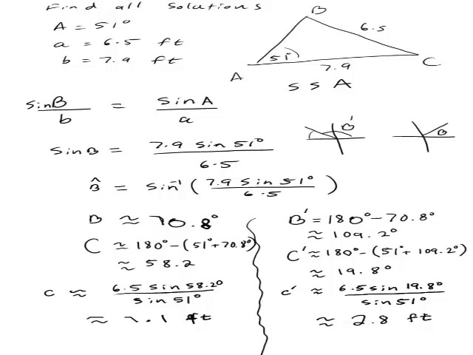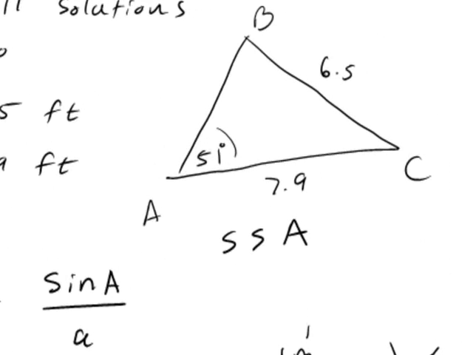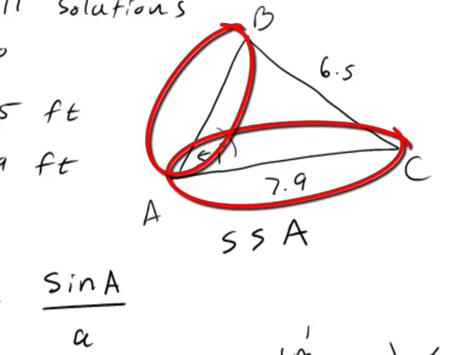Now, how does this all work out? Well, the idea here, when we're given an angle and two sides, if I come back up here to our original triangle with the diagram, the idea is that angle A is fixed, so we can't change angle A. So in other words, you see these two sides, this side here and this side here. I cannot change those.